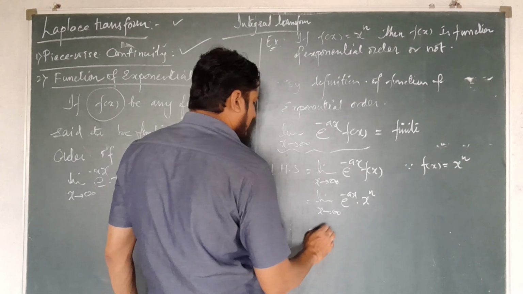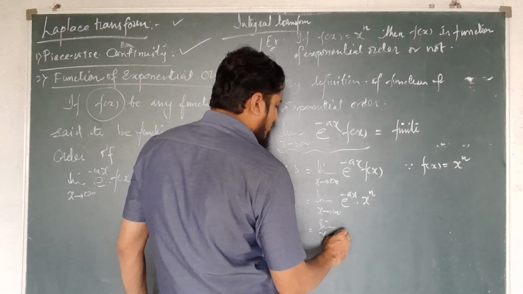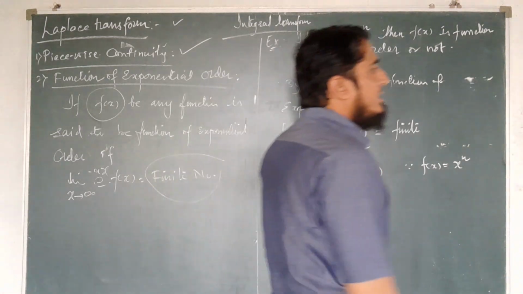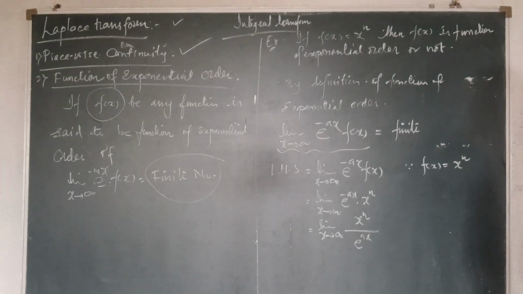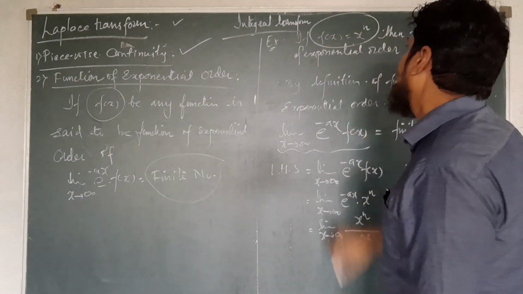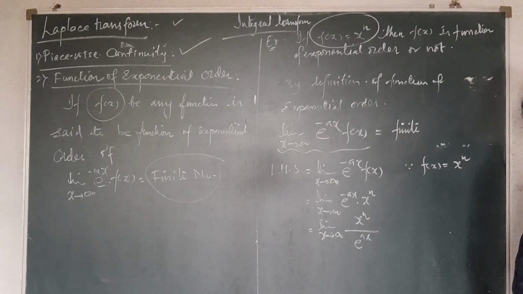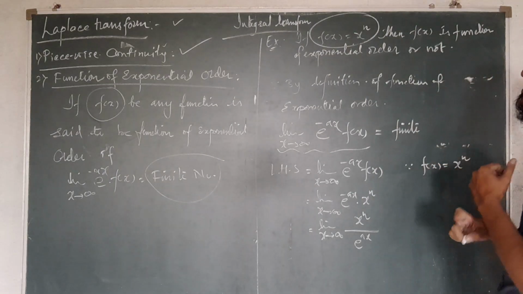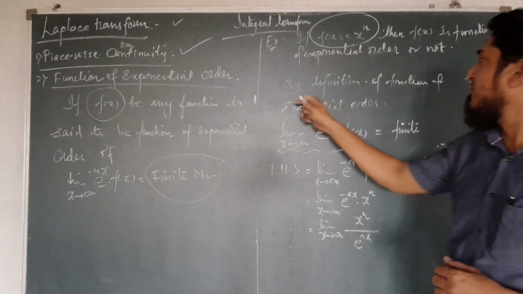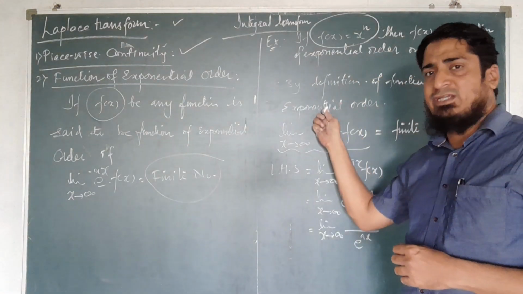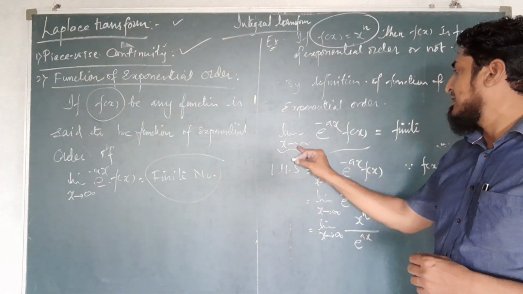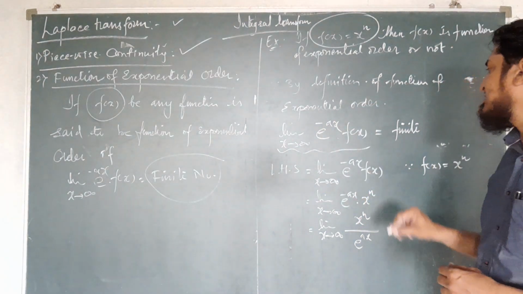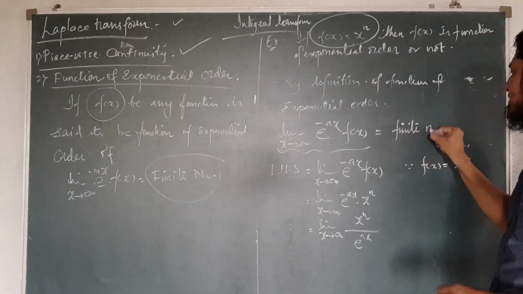In simple form, we get x raised to n upon e raised to ax. Correct? What we have done here is, we have f of x as x raised to n, and they are asking us to prove whether the function is of exponential order or not. So by using the definition, limit x tends to infinity e raised to minus ax times f of x is equal to a finite number, any finite number. Correct?